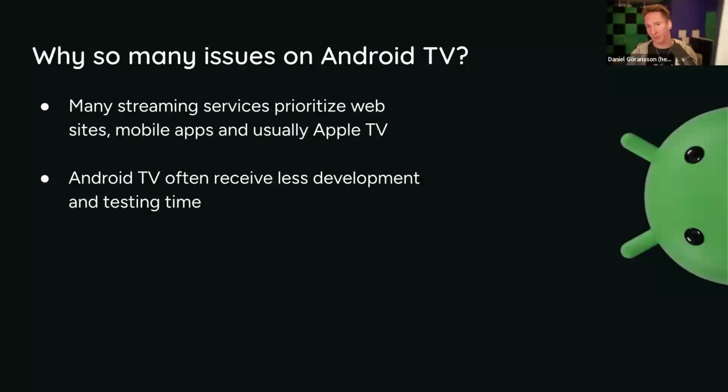It's important because a lot of users actually have Android TV and use the Android TV app. The Android TV operating system is built into a lot of TVs now.